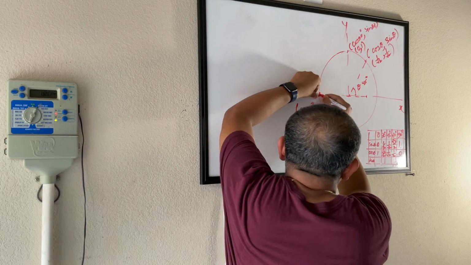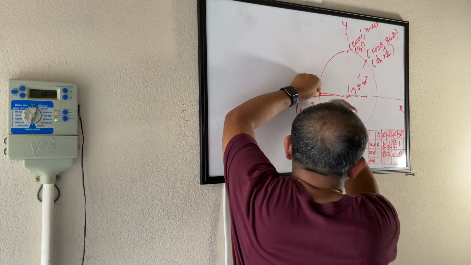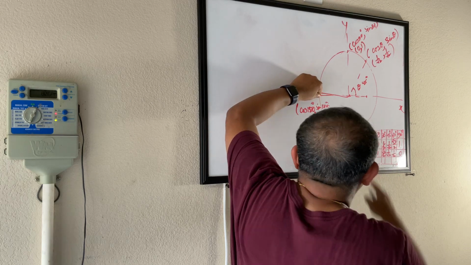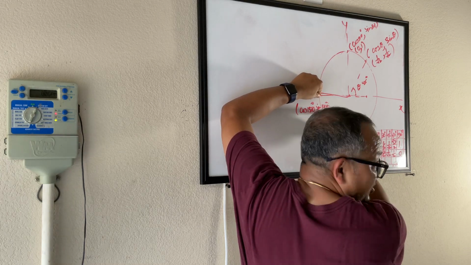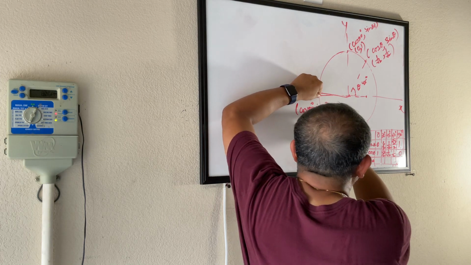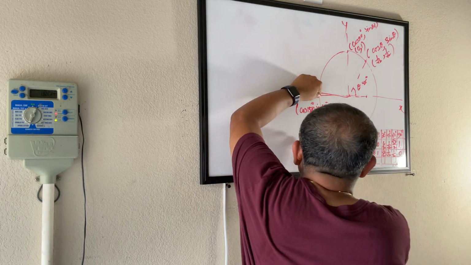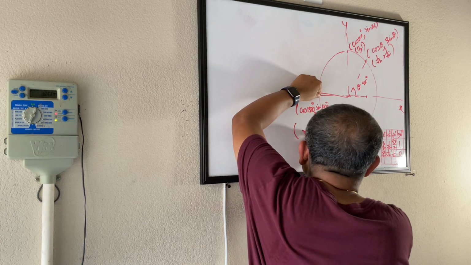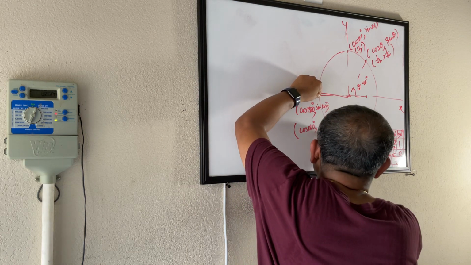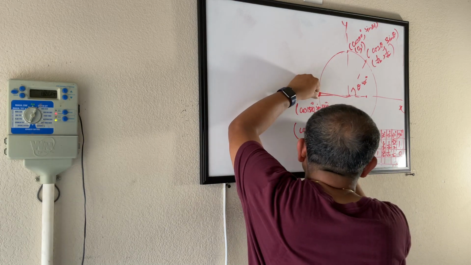If you are visualizing this as a right angle triangle, there is no height, this is 0. So this height, which is your y coordinate, is 0 here. So cos 180 degree and y coordinate is 0, so it's 0.